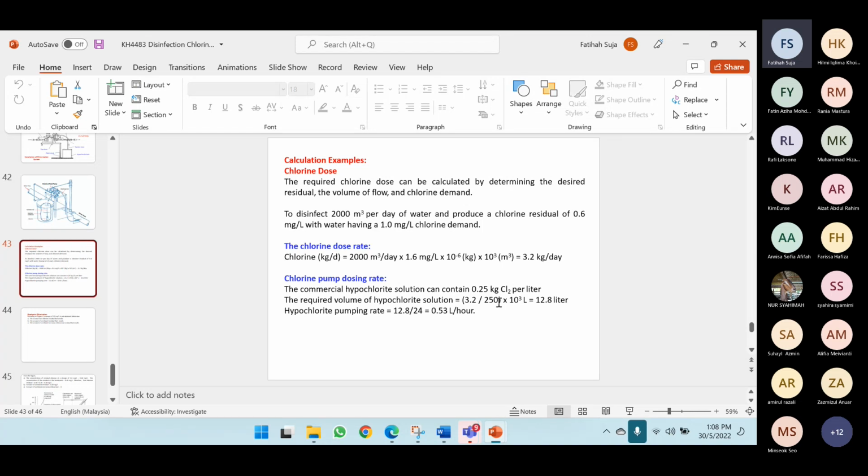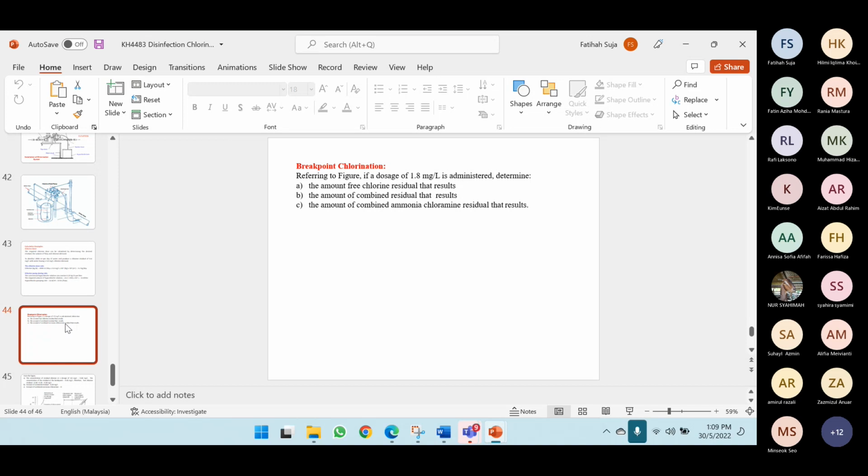Finally, you will be able to get the required volume that you need to provide is 12.8 liter. So hypochlorite pumping rate: the required volume divided by the unit of day or hour. So you will get a hypochlorite pumping rate of 0.53 liter per hour. Okay.